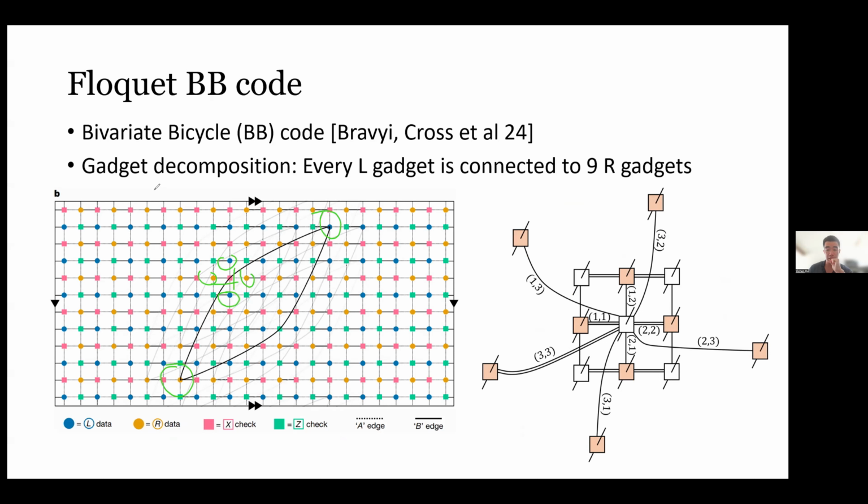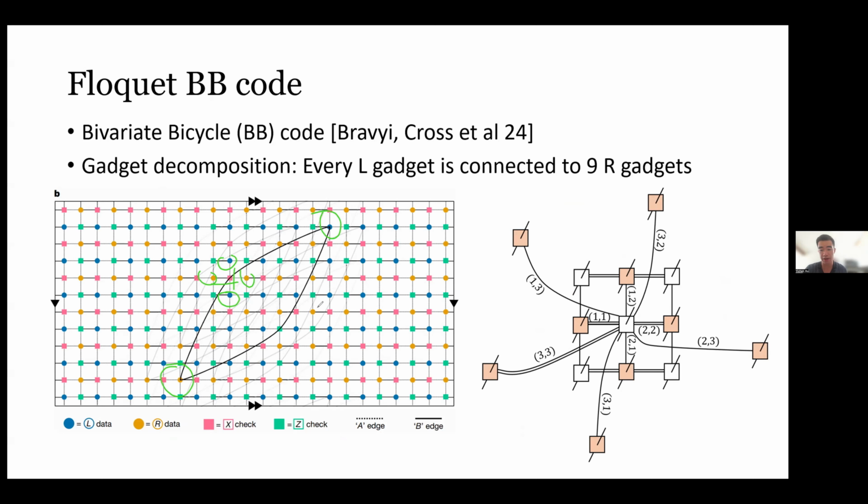So let's say we want to deploy the gadget decomposition and construct a dynamical code on top of the bivariate bicycle code. We actually find that we need to first replace these L and R data qubits by a gadget. And the gadgets are interconnected according to this Tanner graph of the BB code.